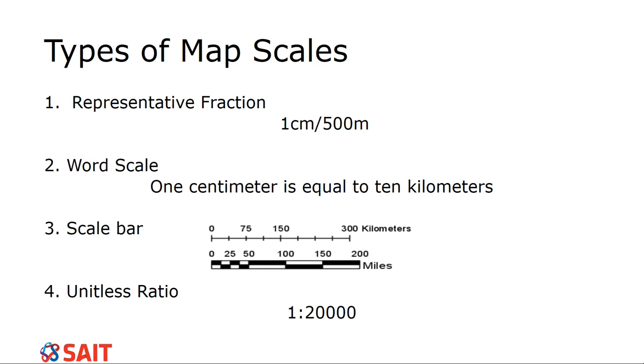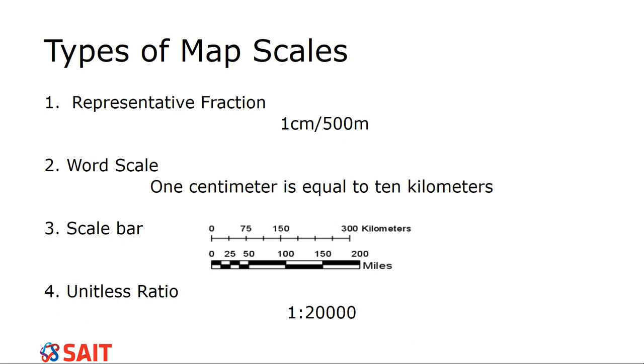It just has to be the same unit between the 1 and the number after the colon. If I say 1 centimeter is 20,000 centimeters, I don't need to have the centimeters on there because it means the same thing. If I go to the exact same map with inches, 1 inch is still equal to 20,000 inches on the ground.